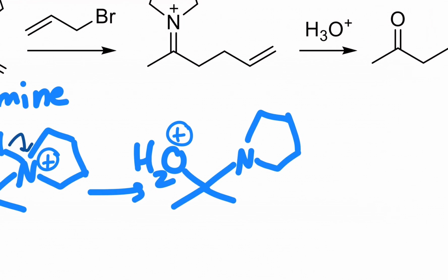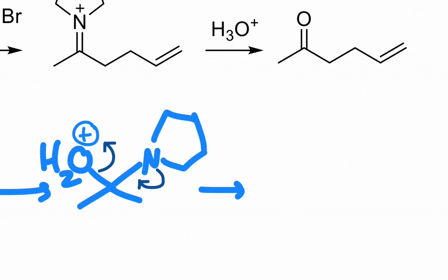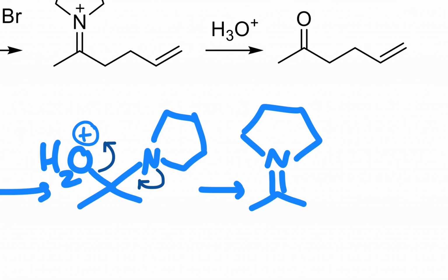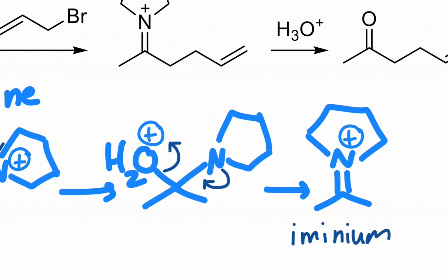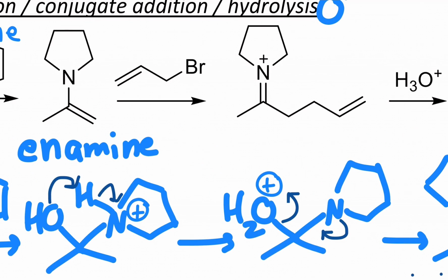And then to get to the enamine, that water molecule is going to leave. And at the same time as it leaves, the nitrogen can donate a pair of electrons, and you'll temporarily get an iminium ion. That's an iminium from a couple of units ago. How do you get from the iminium to the enamine?